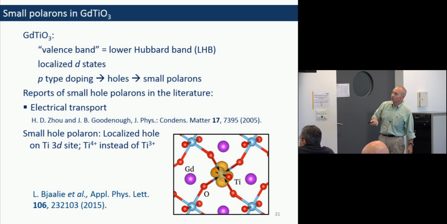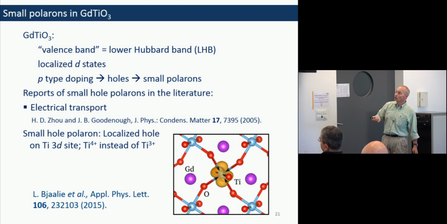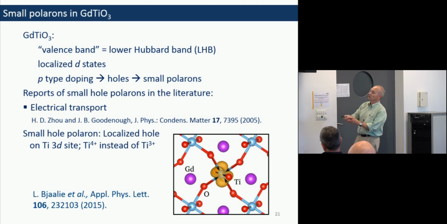And yeah, you put a hole, again, it's a small hole polaron. You put a hole in gadolinium titanate. It does not form a delocalized state. It wants to localize on a titanium atom. Okay. So this by itself is well established, not controversial at all.